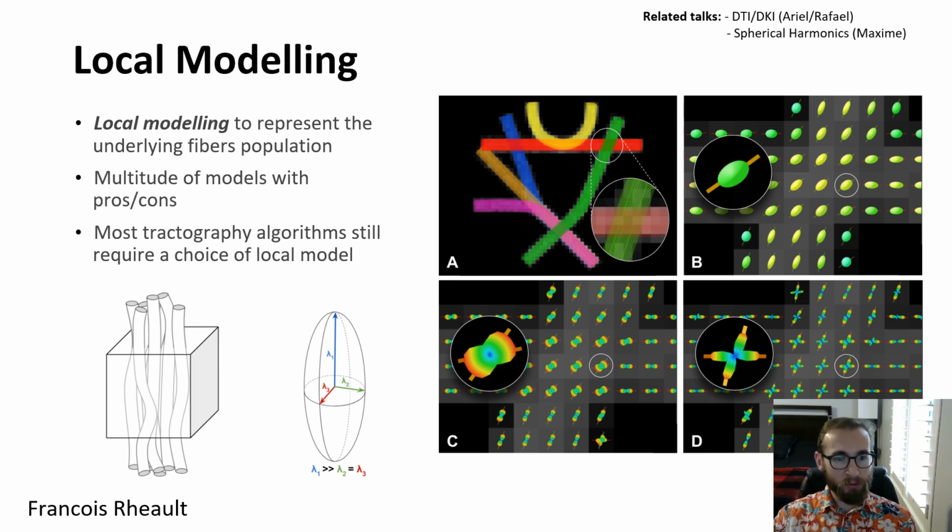So if you want to do tractography, you first have to do local modeling. Local modeling is a very simple concept. At first, you just have to represent all the crossing or the straight line or the curve or the fanning that are locally oriented. So this is a small example where you have an X-shaped crossing right here.